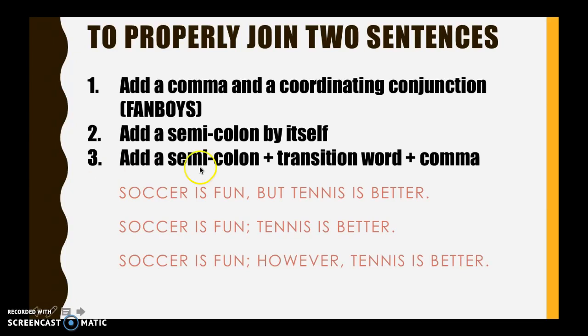It's really important, though, that you recognize that transition word cannot be one of the FANBOYS. If you're using FANBOYS, they go with commas. If you use a semicolon, you can use a different transition word, like however, maybe therefore, or then even. That is the right way to join two sentences so that you can avoid writing run-ons.